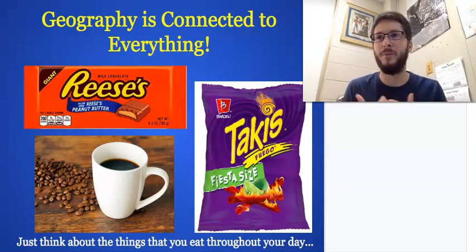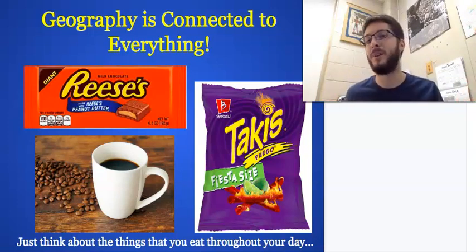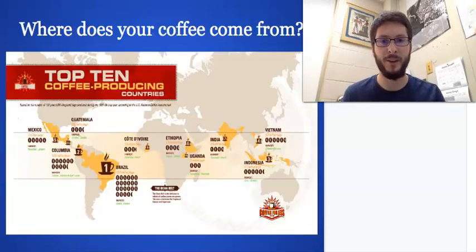You can think about where did that come from, right? Because it doesn't just show up at Walmart. It doesn't just show up at Woodman's. It has to have come from somewhere, right? And a lot of the food that you eat has had a very, very lengthy journey. Think about coffee. Coffee comes from different parts of the world. Some of your coffee is coming from Ethiopia.